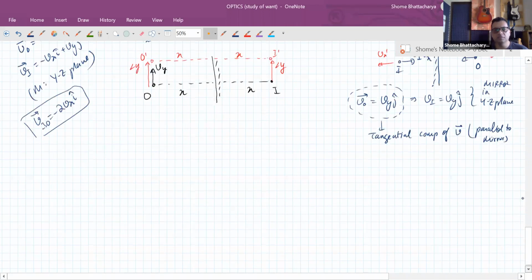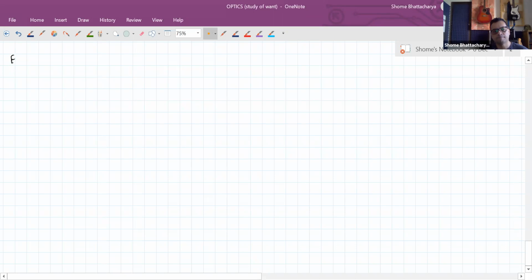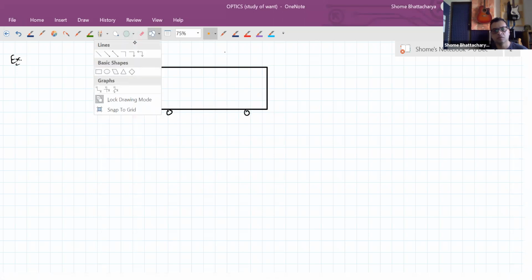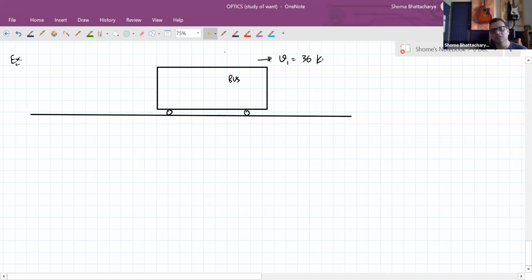Okay, now let's see a next level question in this. So in this question, we have say a bus or something which is moving at a velocity of 36 kilometers per hour.